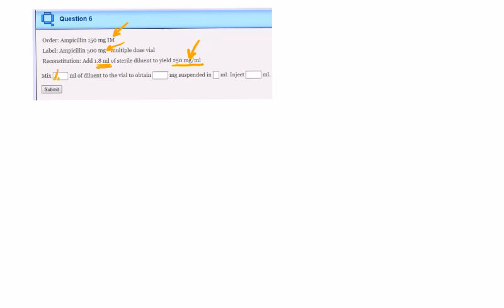The 1.8 mils. So imagine, let's have it on the side here. We have the vial. We're going to add 1.8 mils of diluent to obtain, we just copy the information, it's here, the 250 milligrams suspended in 1 mil.